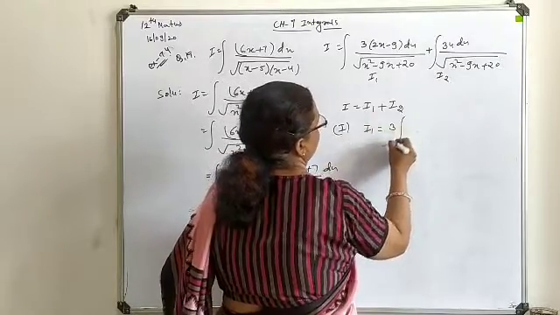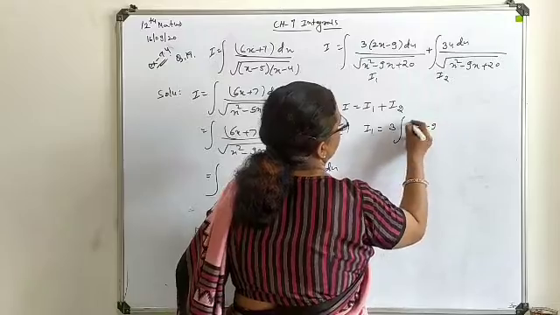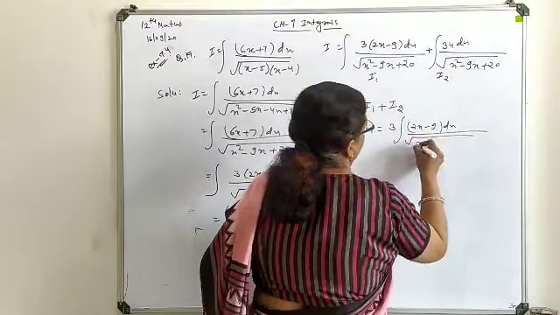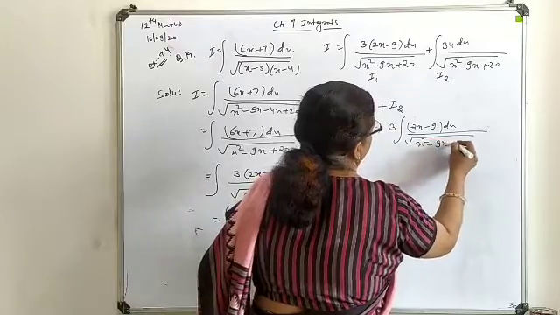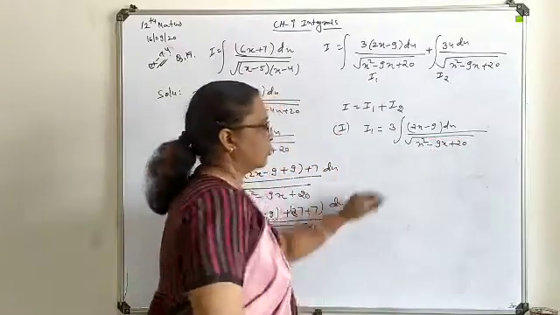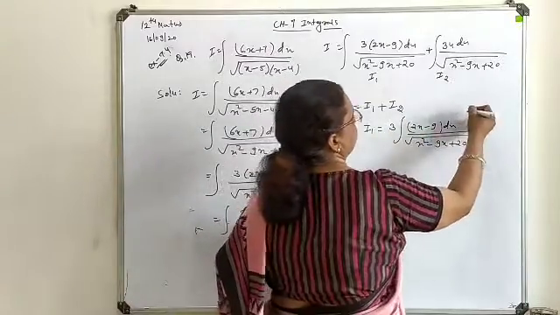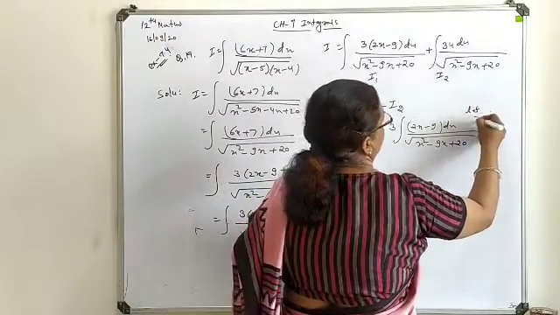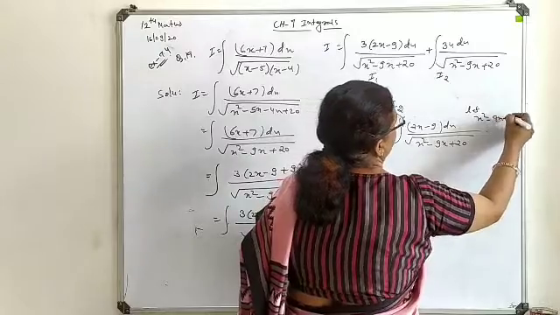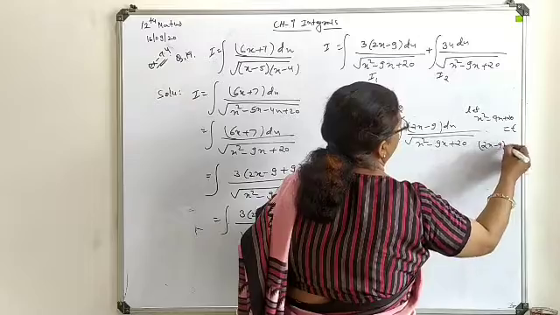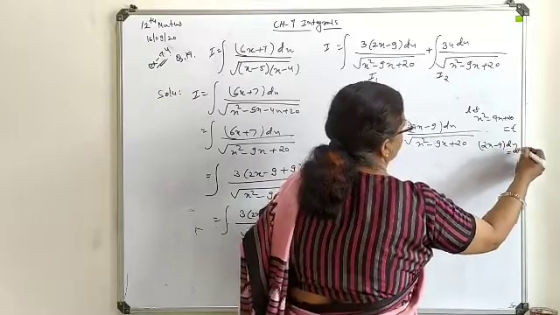So this is 3 constant, 2x minus 9 dx upon under root x square minus 9x plus 20. So this we suppose as t, dt we are knowing. So let x square minus 9x plus 20 be t, differentiate it. So 2x minus 9 dx we have as dt.